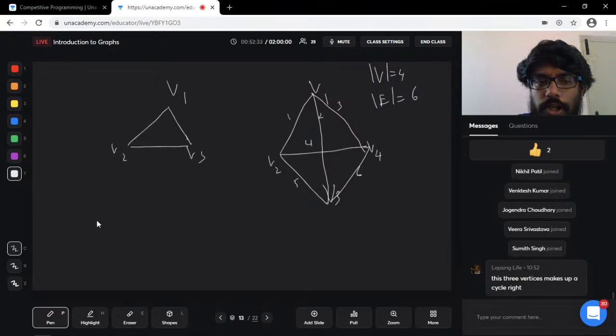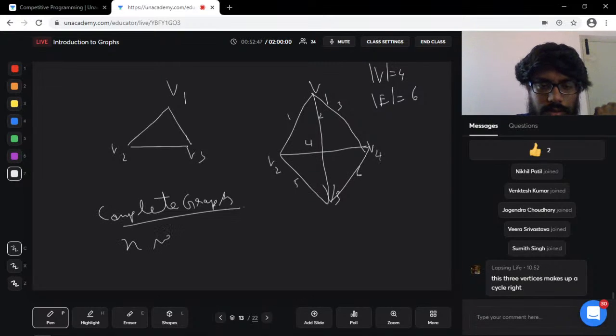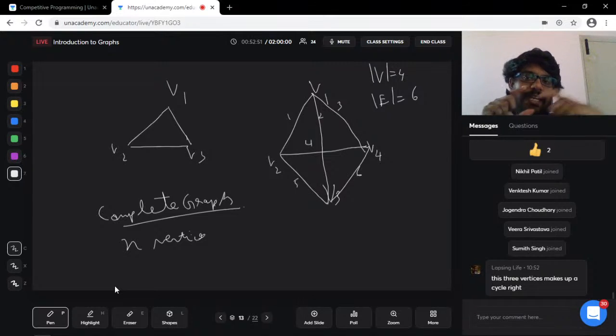And this is what we call a complete graph. It is a graph with n vertices and nC2 edges. That is, take every 2 vertices and add an edge between them.